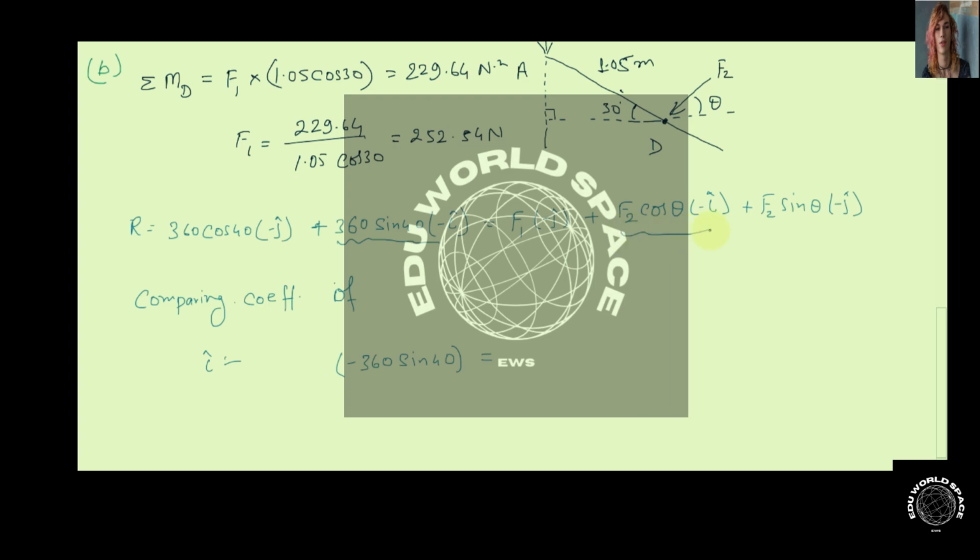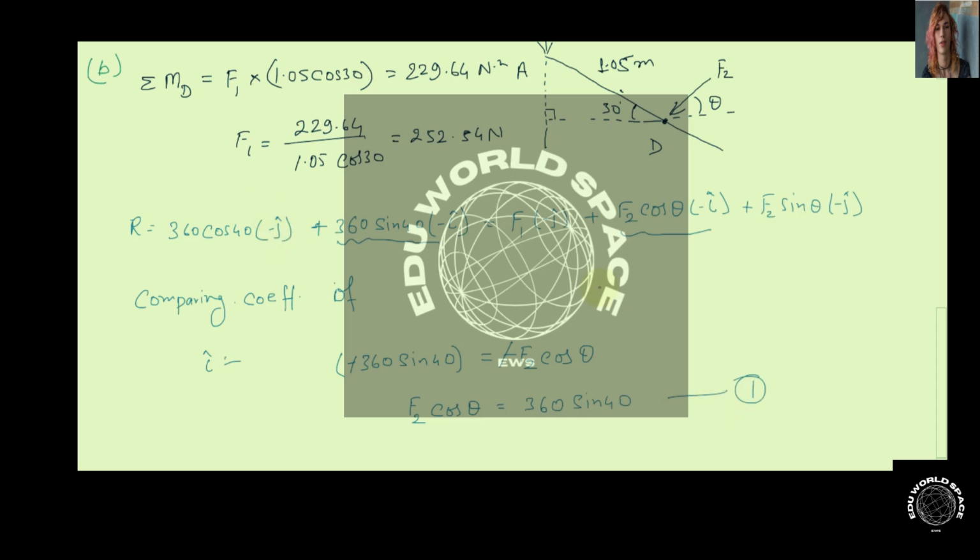Here only one term contains the i cap, that is minus F2 cos theta. So the minus gets cancelled out. So from here we can write F2 cos theta is equal to 360 sine 40. Let us say this is equation 1.